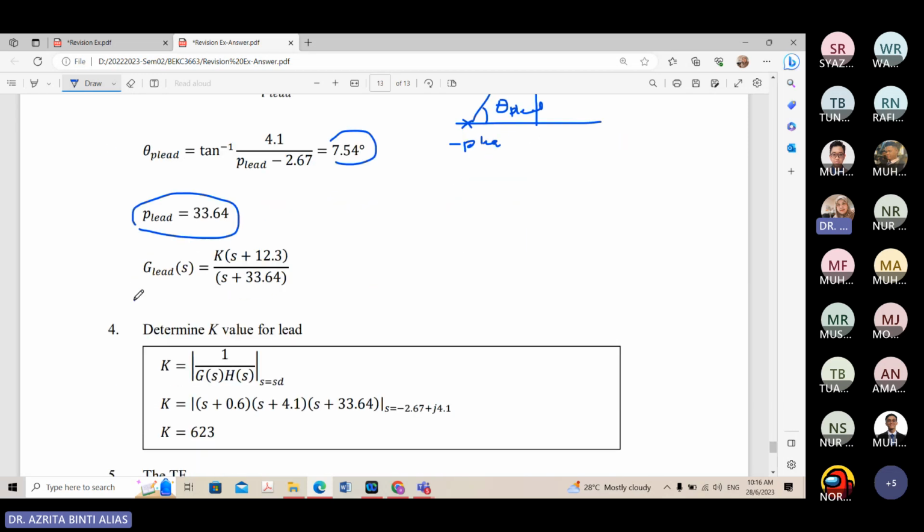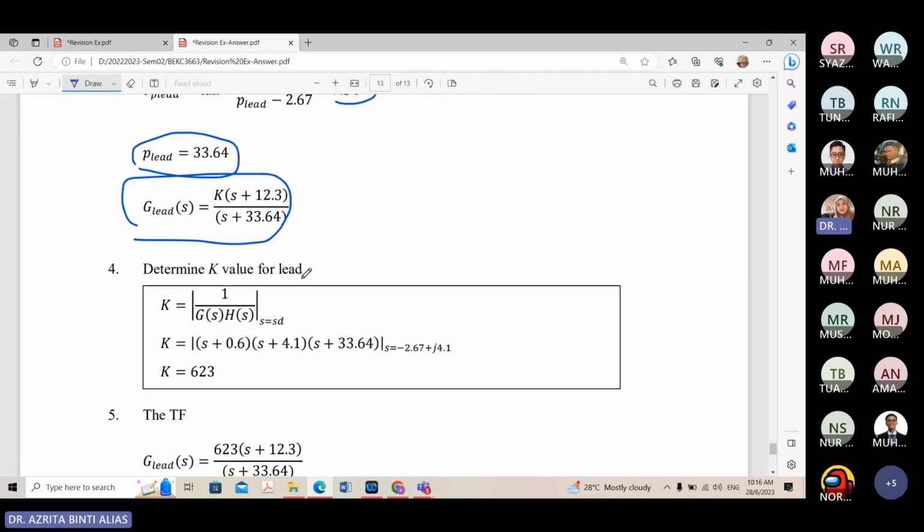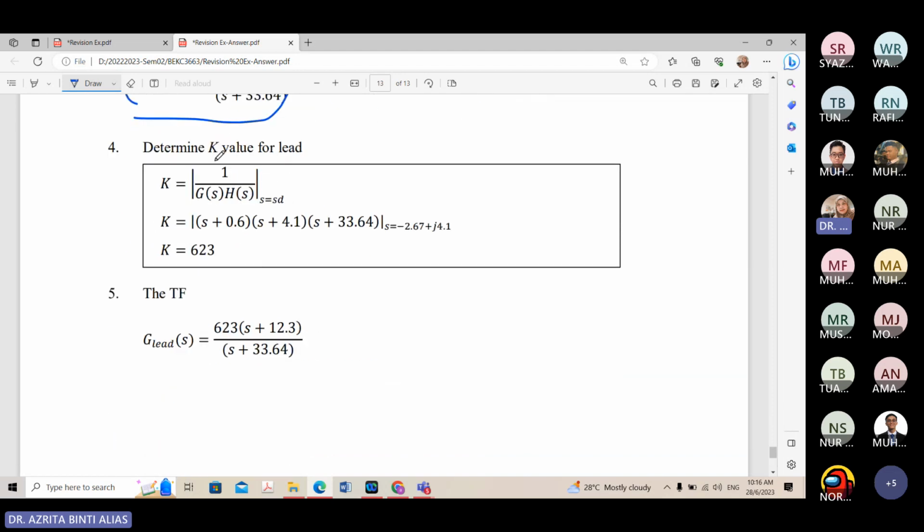So lastly, we write the full transfer function for the G lead. Okay, so before that, we need to calculate the value of gain K. So for the gain K, we only consider the poles from the system at 0.6 and 4.1. Okay, so this is from the P lead, Z lead, and the system.